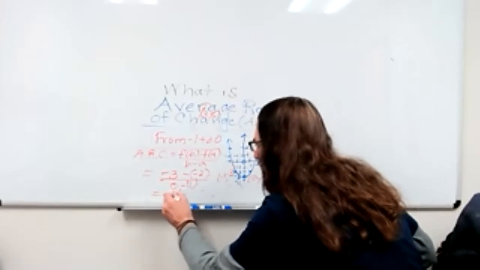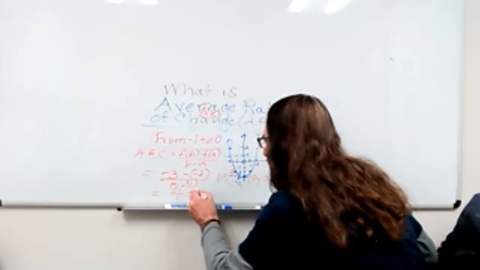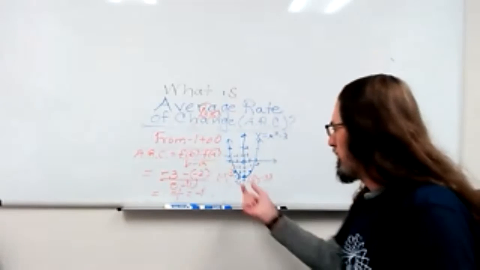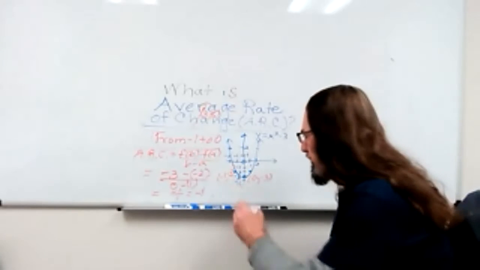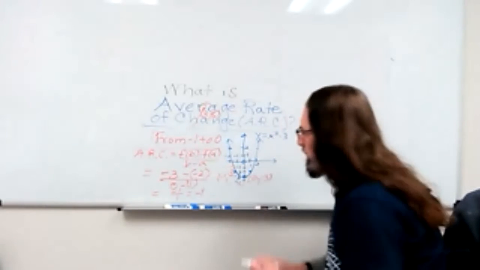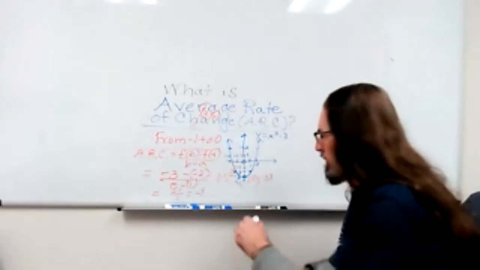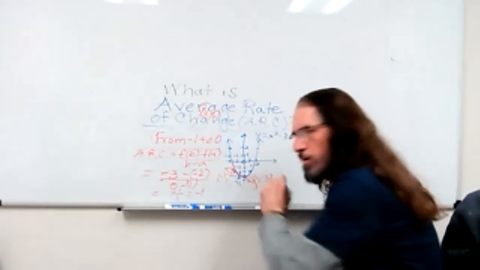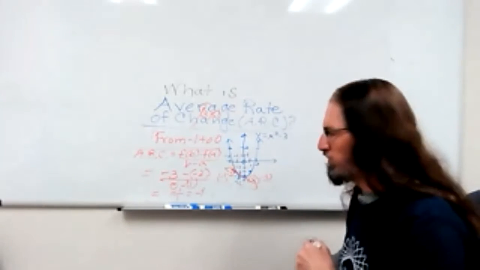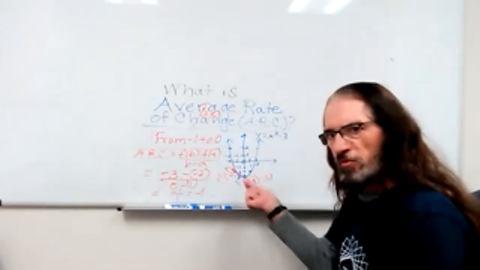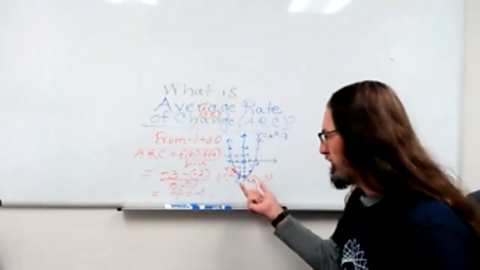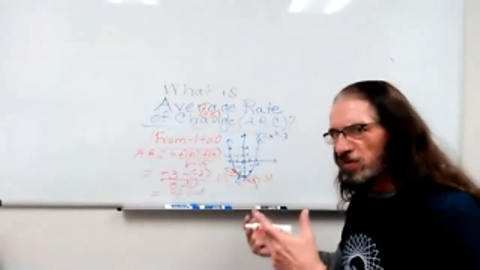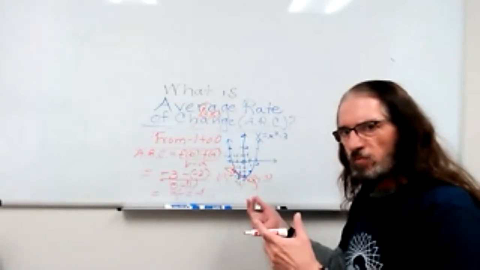So -1 over +1. We're getting an average rate of change of -1 between those 2 points. Really what that's giving you, this is not a line, it's giving you the slope of the line that connects those 2 points. And what the parabola is really doing in between there, its rate of change is kind of close to that, but it's going to be changing point by point.